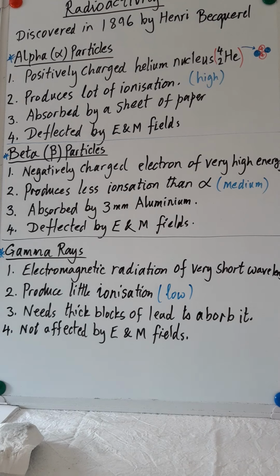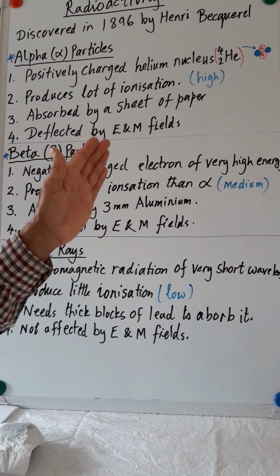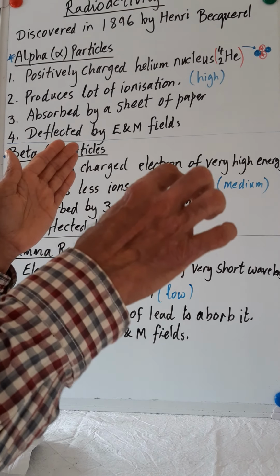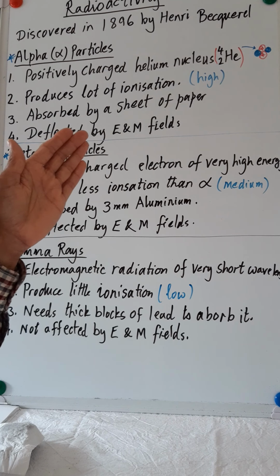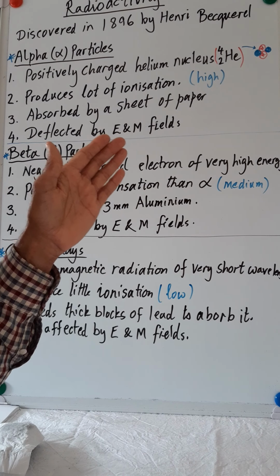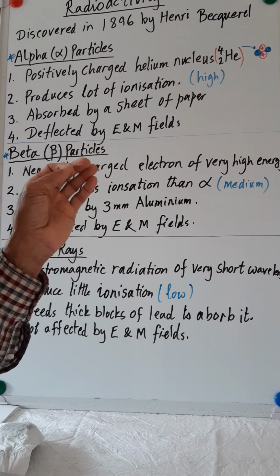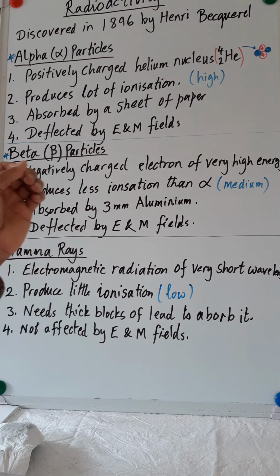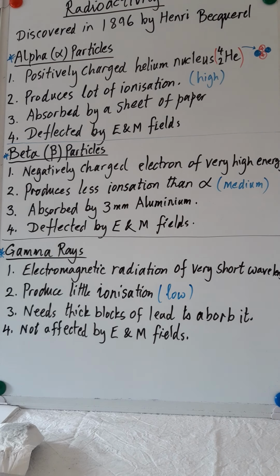Now, the next thing is, if you put an alpha source and a detector, and if you put a sheet of paper in the middle, you'll find that most of the alpha particles will be absorbed. So it gets absorbed very easily, even with a sheet of paper, or the human skin can absorb it.